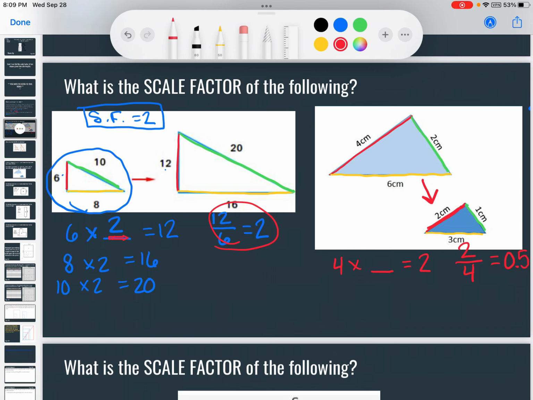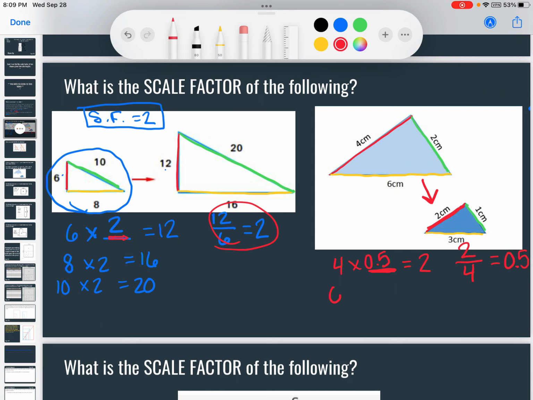And hopefully if you type that into your calculator, you got the same thing. Okay, so 4 times 0.5 equals 2. Go ahead and type that into your calculator and just make sure that this is what you get. And that should be true. So again, we need to make sure this checks out for all of our sides.